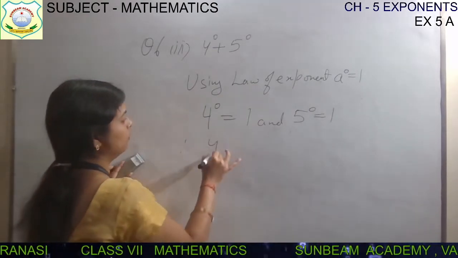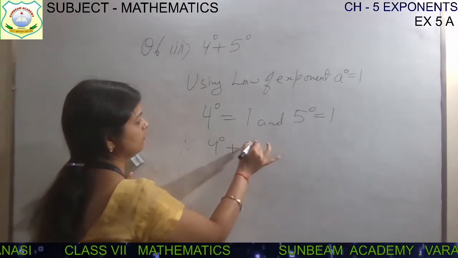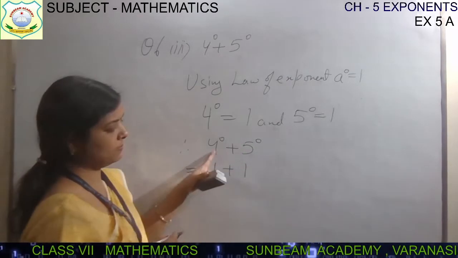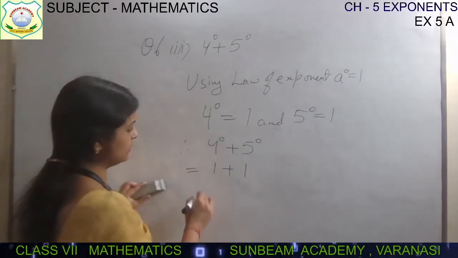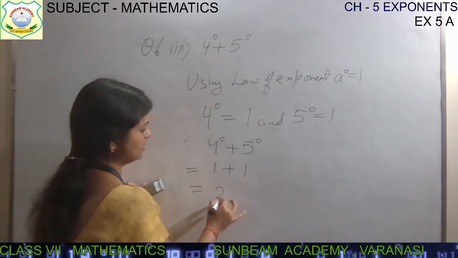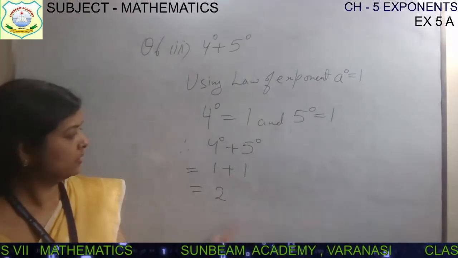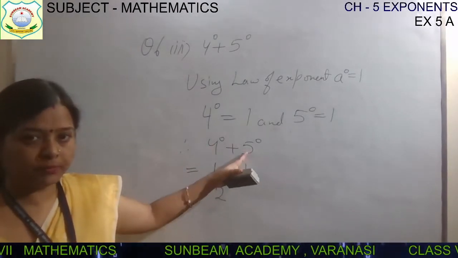Therefore 4 to the power 0 plus 5 to the power 0 is equal to 1 plus 1. ये भी 1 हो गया, ये भी 1 हो गया. That is equal to 2. इसका आंसर क्या आएगा? 2 आएगा. 4 to the power 0 is 1. 5 to the power 0 is also 1.